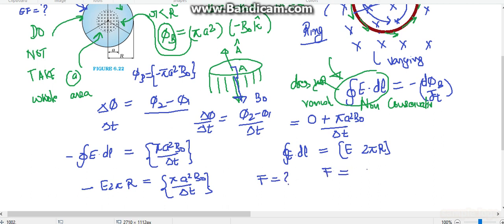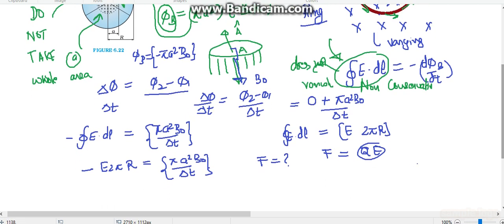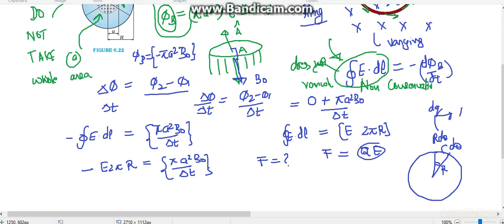Force is equal to charge times the electric field. In this case, take a small angle d theta. This is radius R, this will be R d theta. So the charge dq here will be lambda R d theta, and the force dF acting on this small element is E times lambda R d theta.